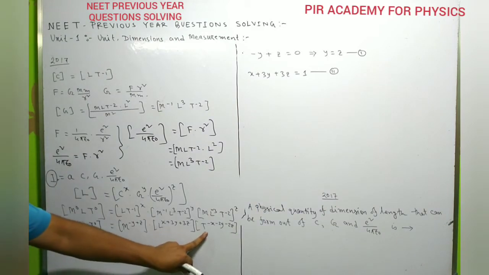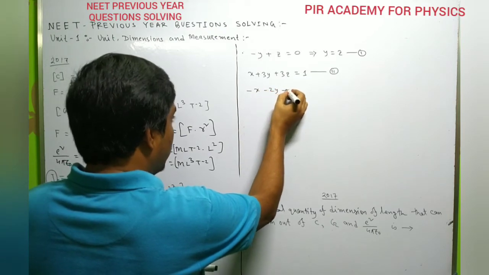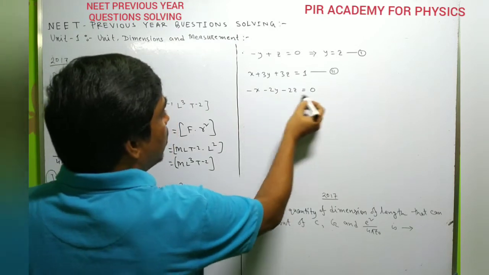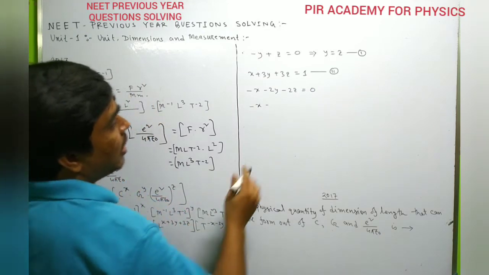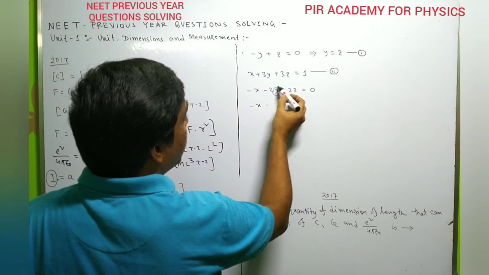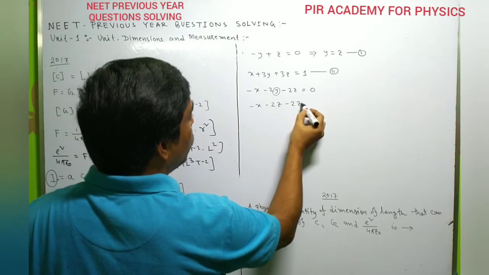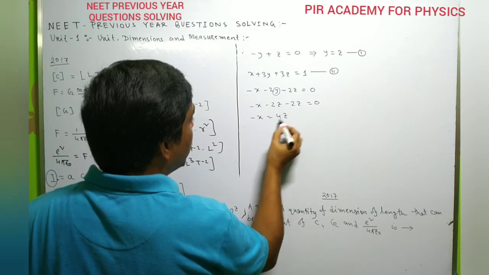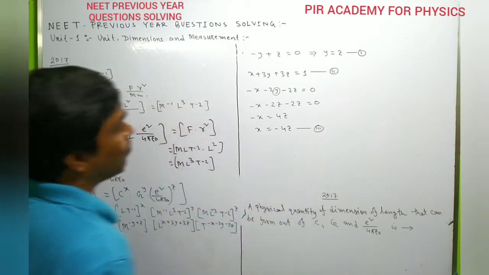And if I equate the power of time, then minus x minus 2y minus 2z equals 0. Since y equals z, it becomes minus x minus 4z equals 0, so x equals minus 4z. This is equation number 3.